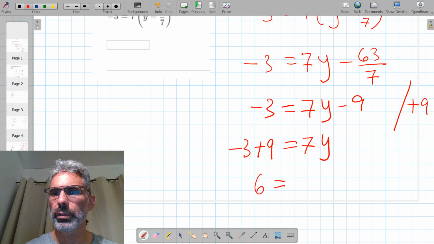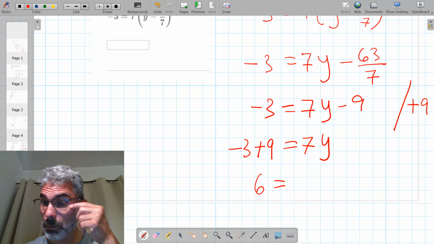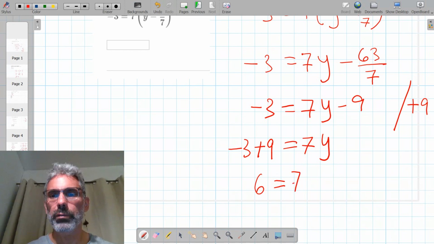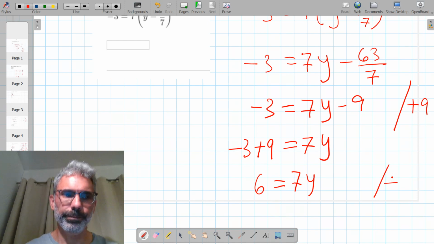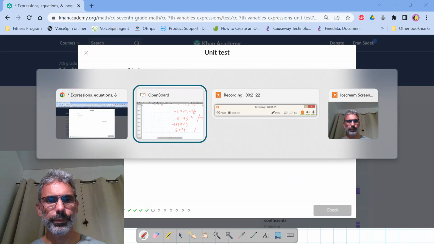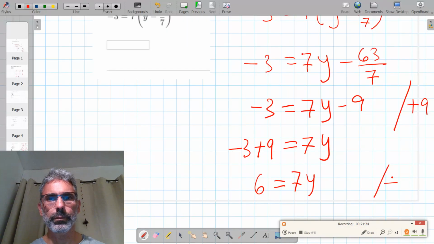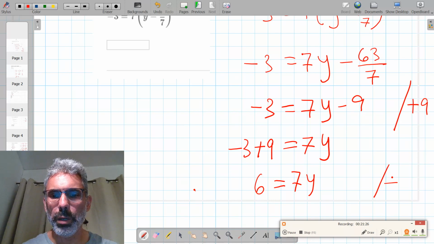so 6 equals 7y. And now to isolate the y, we need to divide both sides of the equation by 7.